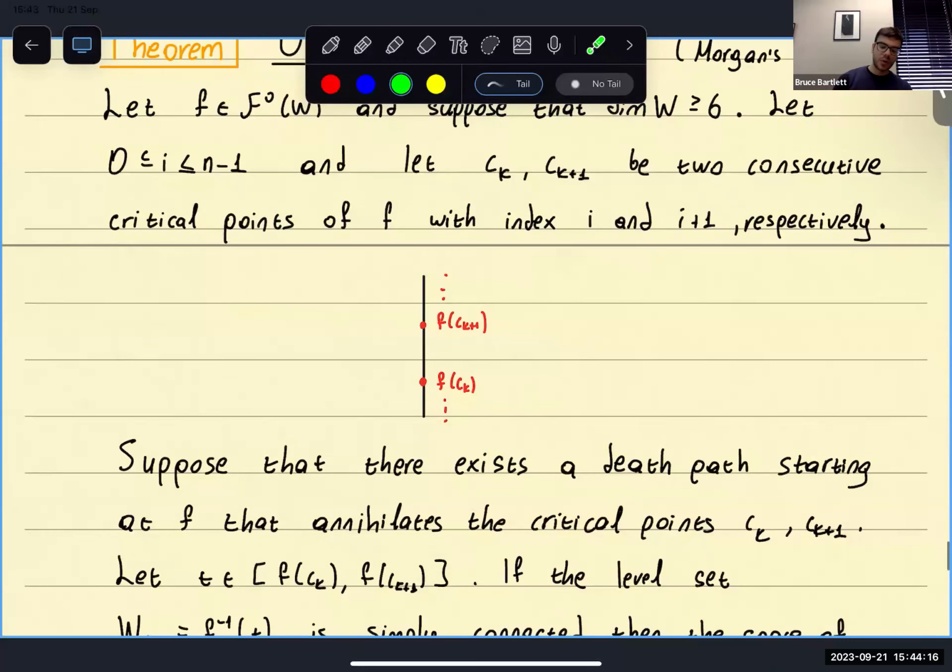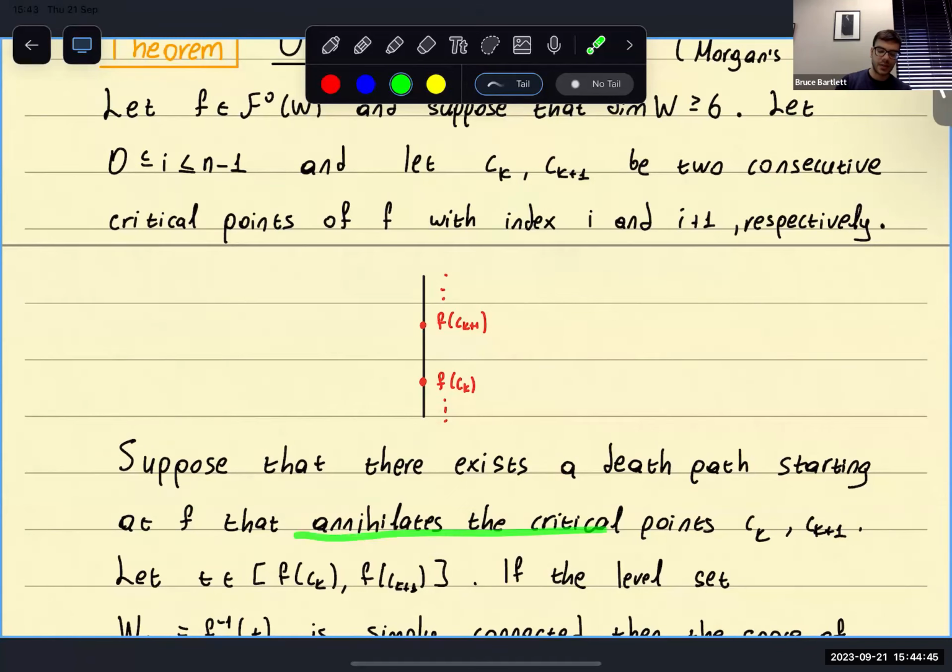Now, let's suppose that there exists a death path which starts at f and annihilates those two critical points. This assumption is sometimes referred to as those two critical points being in canceling position, and there is a geometric way to translate this assumption to something very concrete. But let's just suppose that there exists one death path that starts at f and annihilates those critical points.